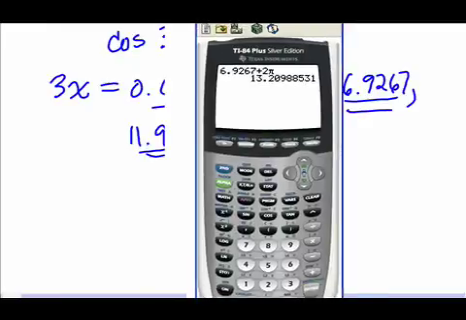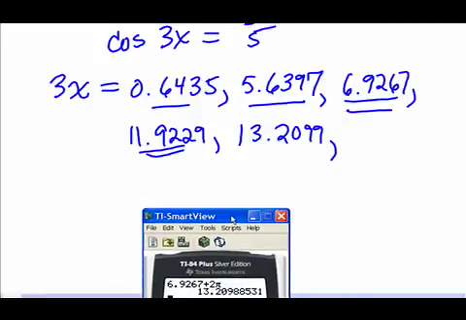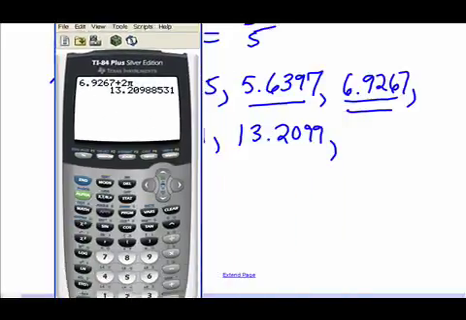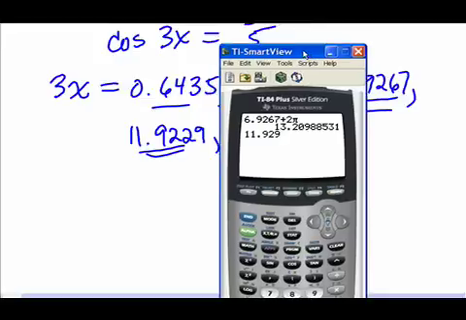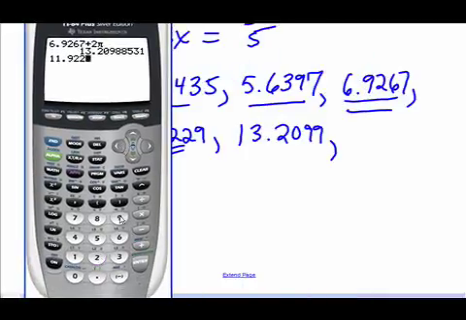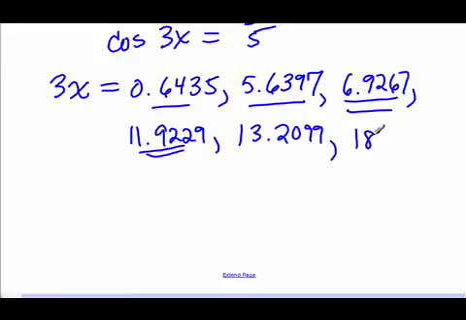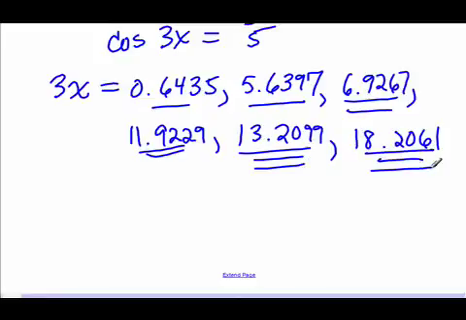We're going to take the 11.9229 and add 2 pi onto that, 18.2061. So there I've denoted with underlines how many times around the circle we've gone. First time around, got our first 2. Second time around, next 2. Third time around, got our last 2. These are all our 3x angles.